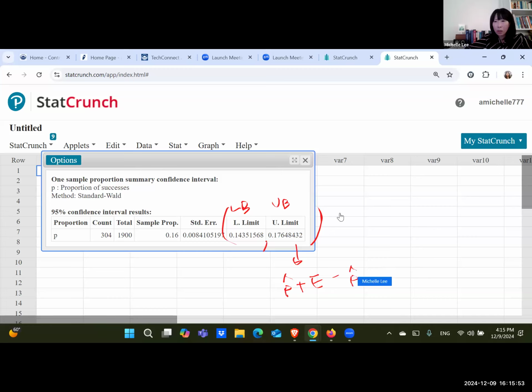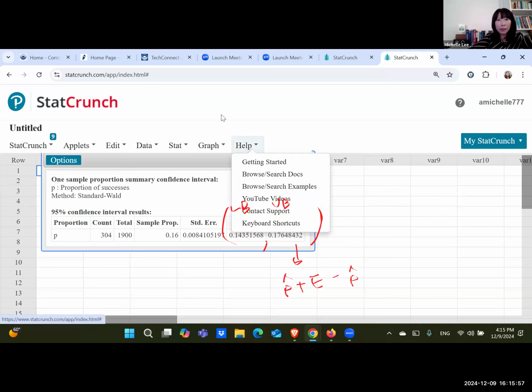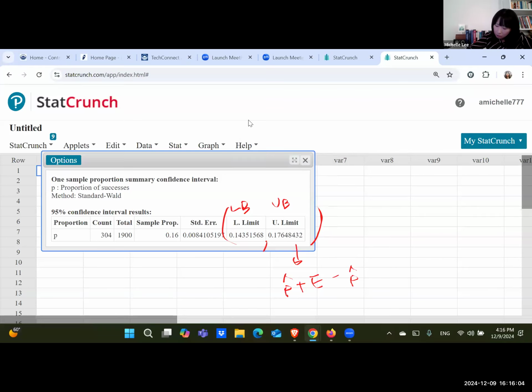So p hat, your classmate gave us, 0.16, yeah? So we have upper limit 0.1764 minus 0.16. Can you please calculate?